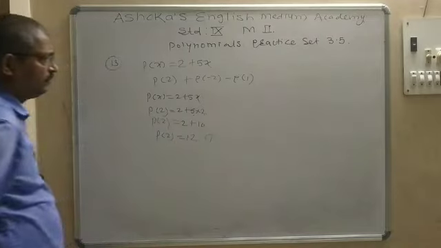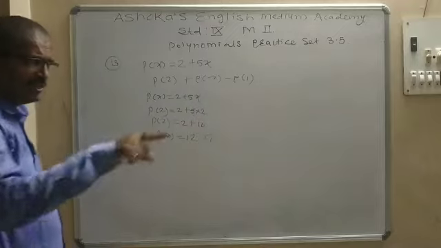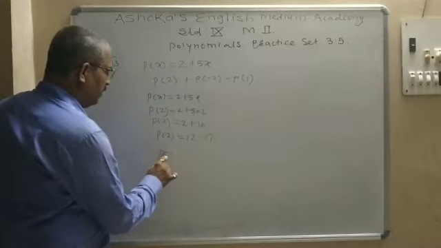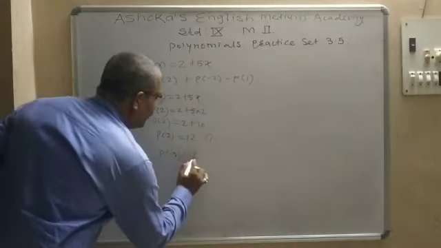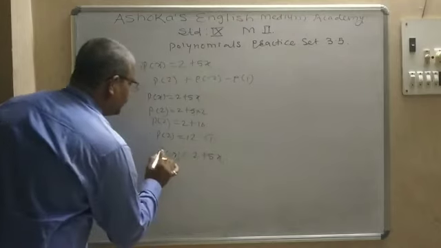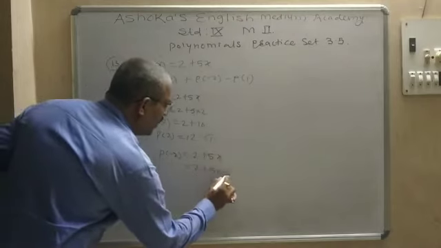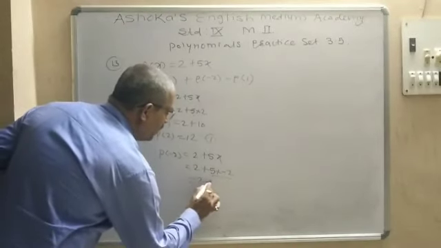Okay. Now use minus 2 in the place of x. P(-2) is equal to, the polynomial is 2 plus 5x. Therefore 2 plus 5 into minus 2. 5 twos are minus 10.